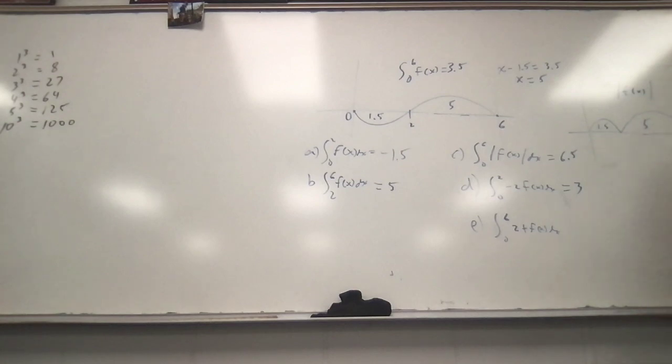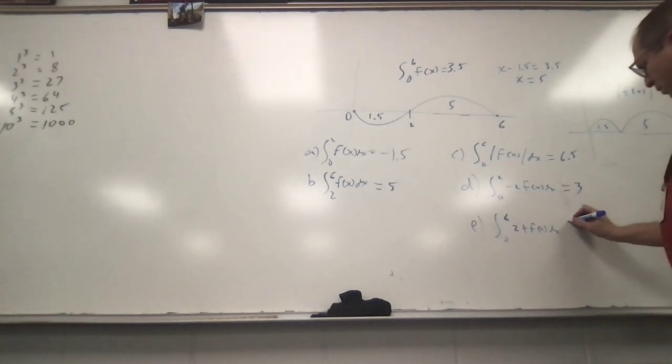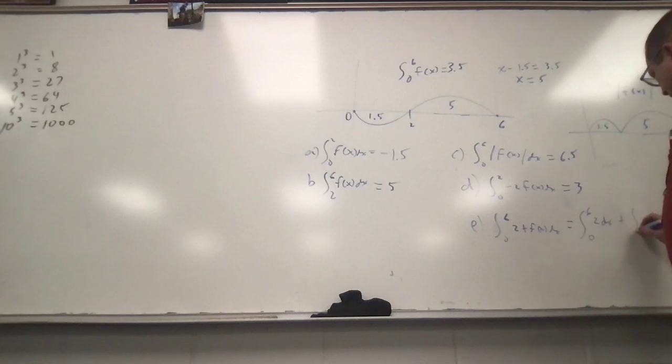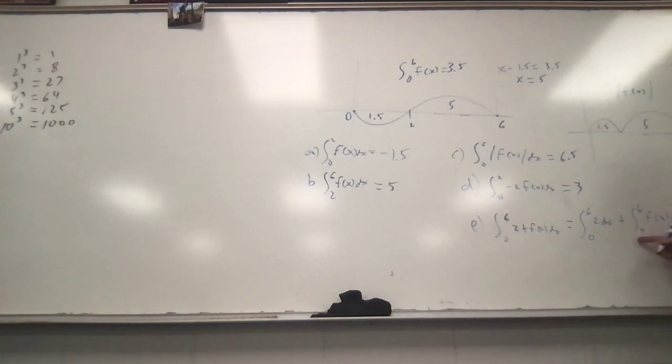the integral from 0 to 6 of 2 plus f of x, we break that down into 2 separate integrals, so it's the integral from 0 to 6 of 2 dx plus the integral from 0 to 6 of f of x dx. Now, we know what the integral from 0 to 6 of f of x dx is. It's 3.5, yeah.